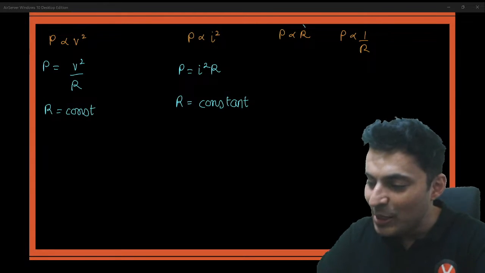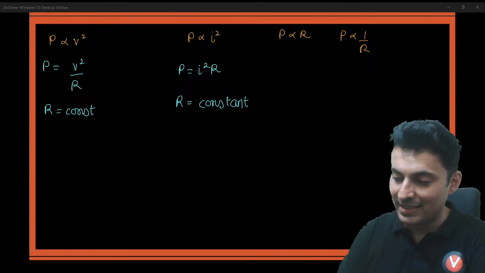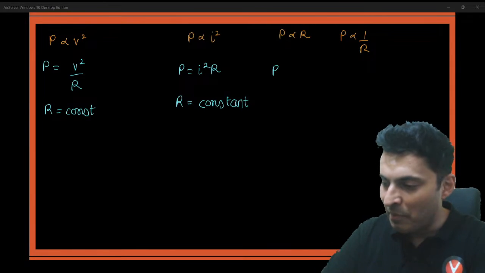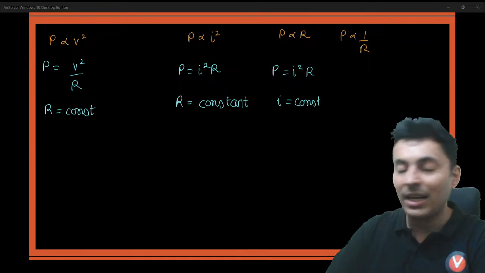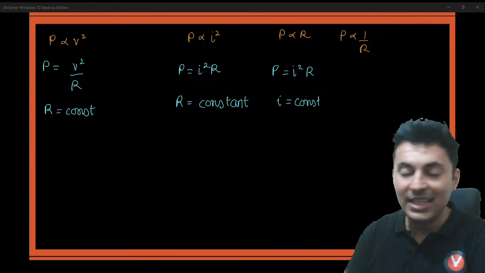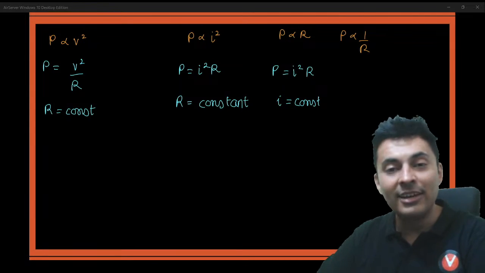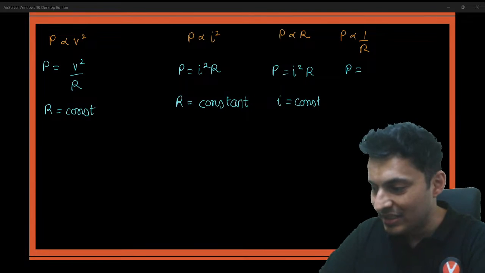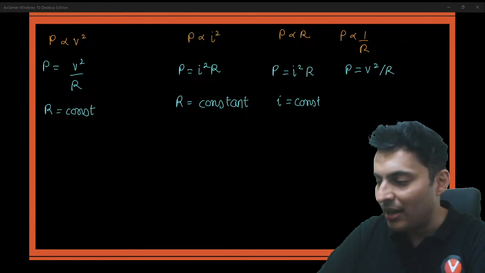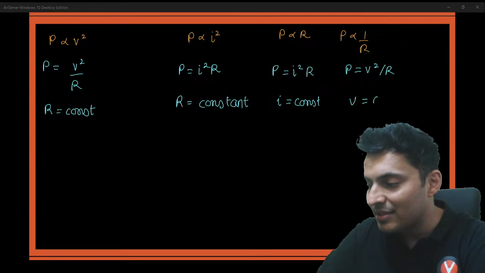Then when is power proportional to resistance? Again, power is I squared R formula. Somehow the current is kept constant. Then it is proportional to R. When is it inversely proportional to R square? When you use this formula, P is V square by R, but voltage is kept constant.